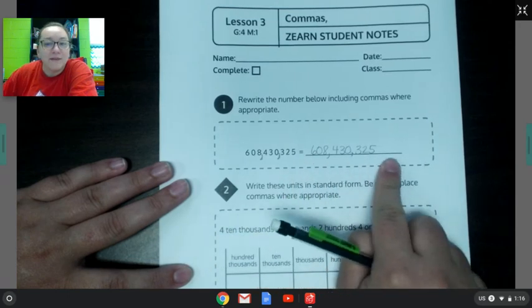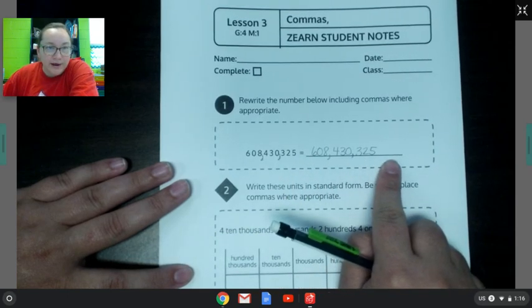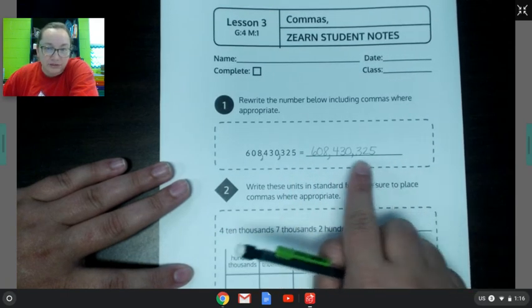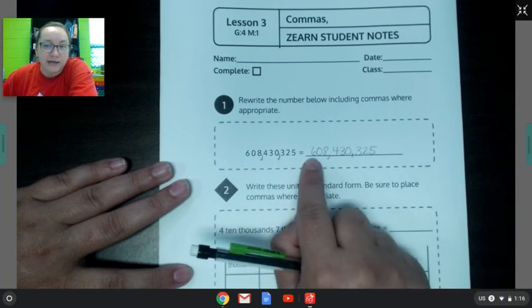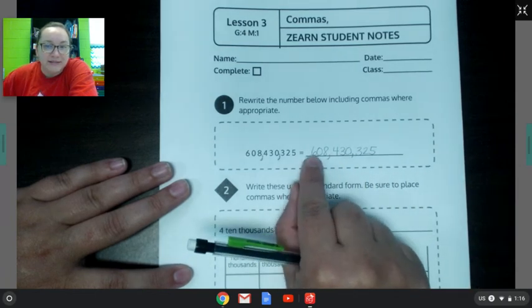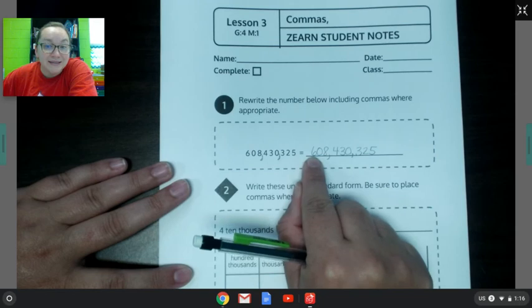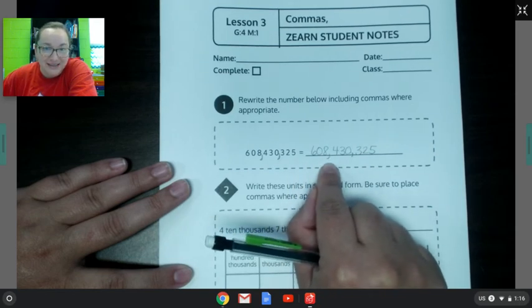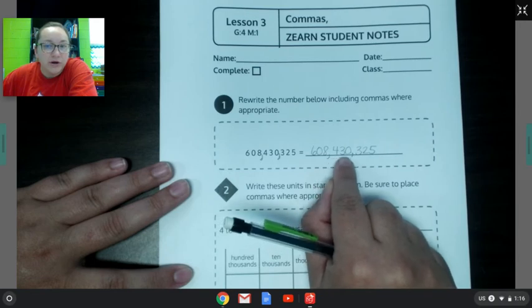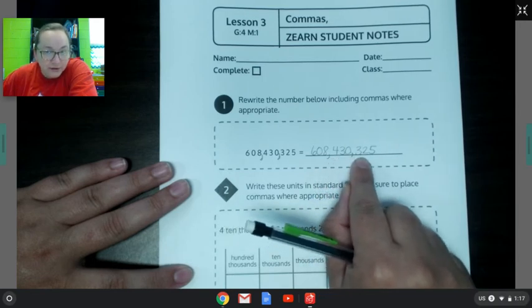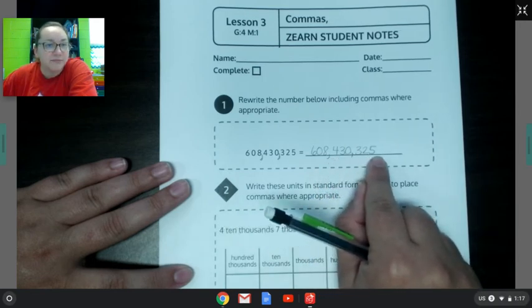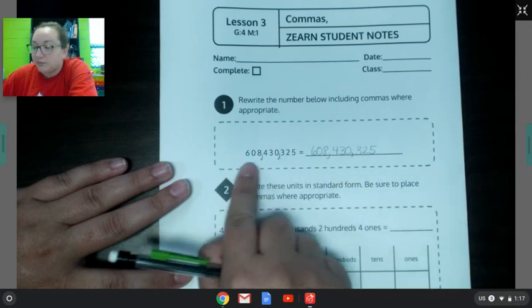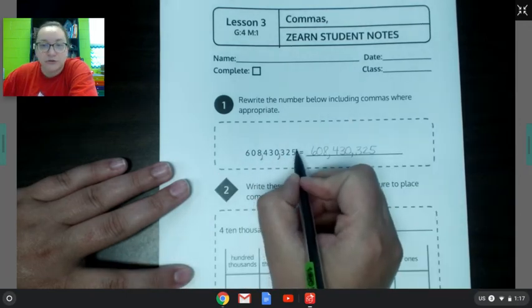And on Zearn, they read this number, and we'll talk about when we read numbers and how we read them. But I'll go ahead and read this. So this would be 608 million. These commas kind of tell us what to say. 430,325.